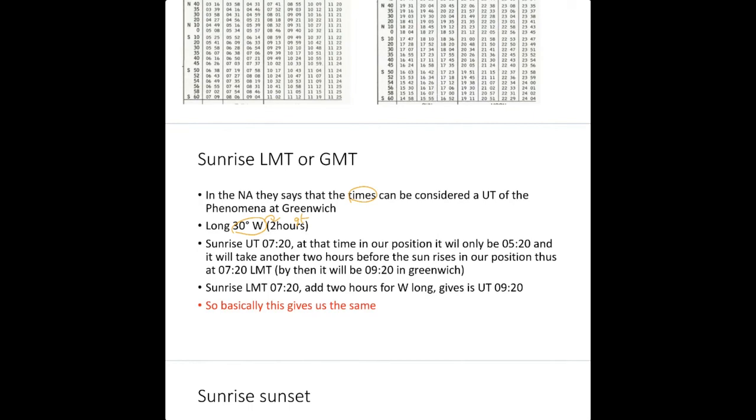When we say, according to the Nautical Almanac, that the sun rises in Greenwich at 7:20, this means that at that time in our position, it will only be 5:20. So let's say this is Greenwich. The sun rises here at 7:20. But when the sun rises at Greenwich, in our position it will only be 5:20, because our longitude is in the west.